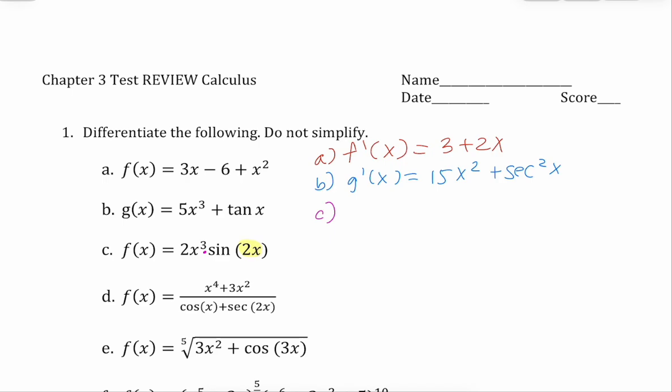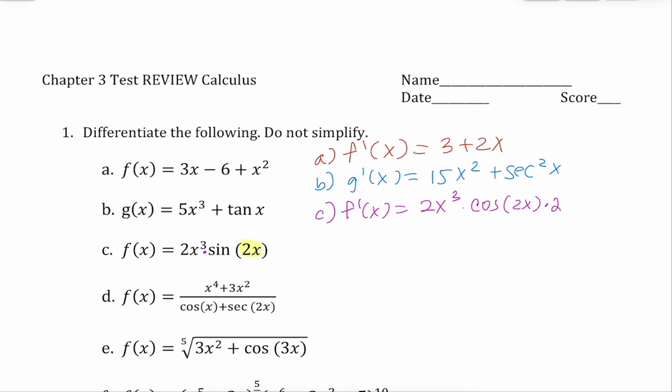So when we do the derivative of that, it's the first times the derivative of the second. Now, the sine of 2x is the cosine of the stuff times the derivative of the stuff.